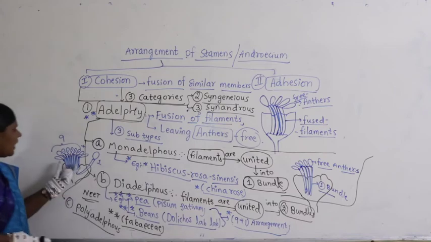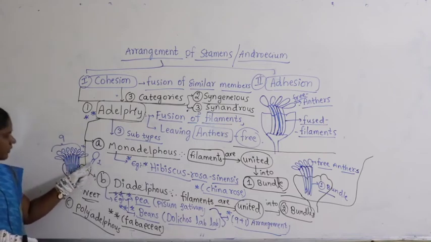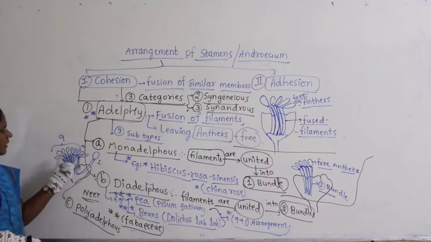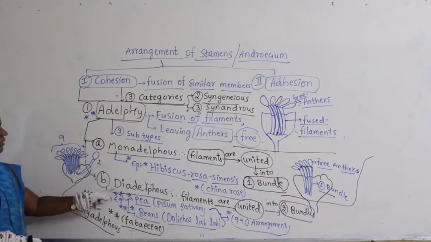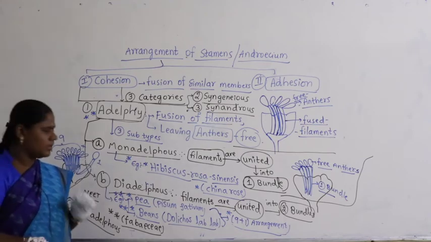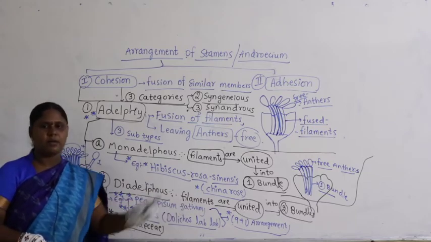That means 9 filaments are fused, leaving one stamen free. Even though this is one stamen only, but itself is called one bundle. 9 are in one bundle, one stamen is in one bundle, it is called Diadelphous. So sometimes numerical question comes, guys, at that time remember Pisum, and for beans you have to take the arrangement 9 plus 1.